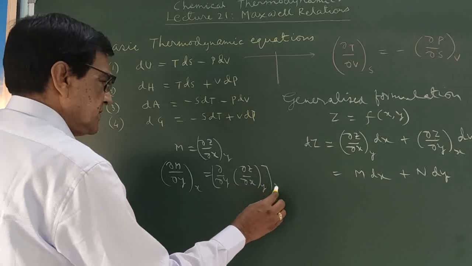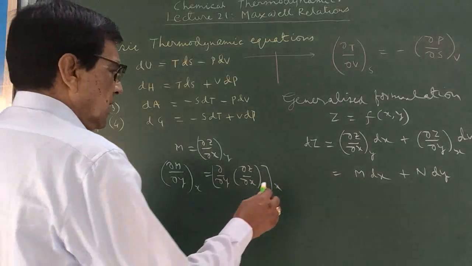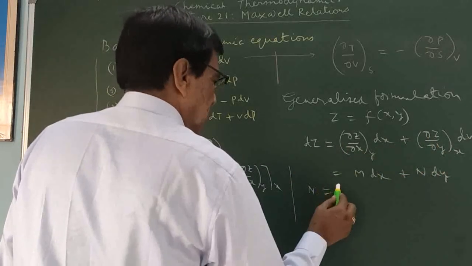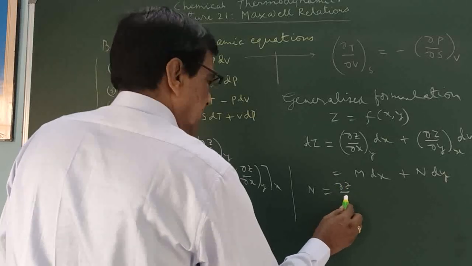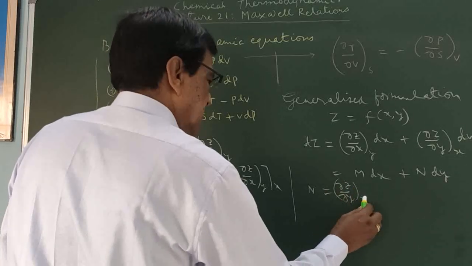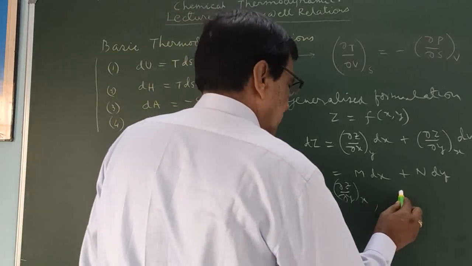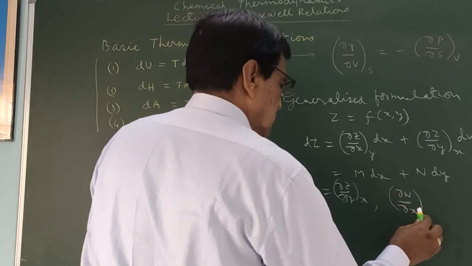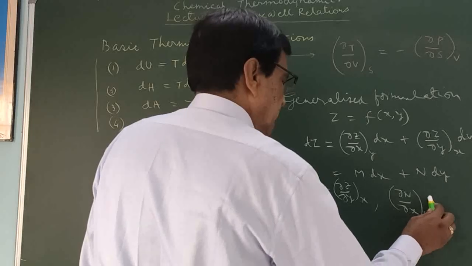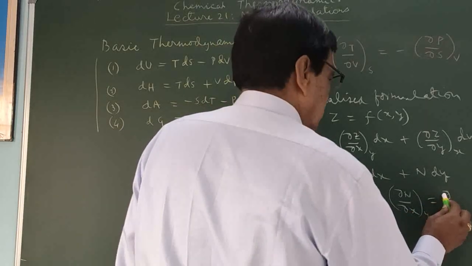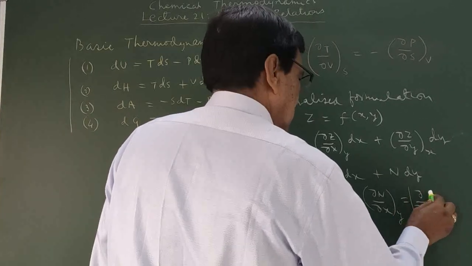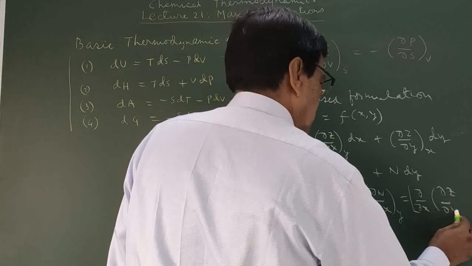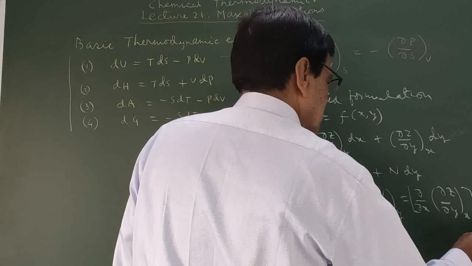Similarly, N equals del z by del y at constant x, and del N by del x keeping y constant equals del by del x of del z by del y.